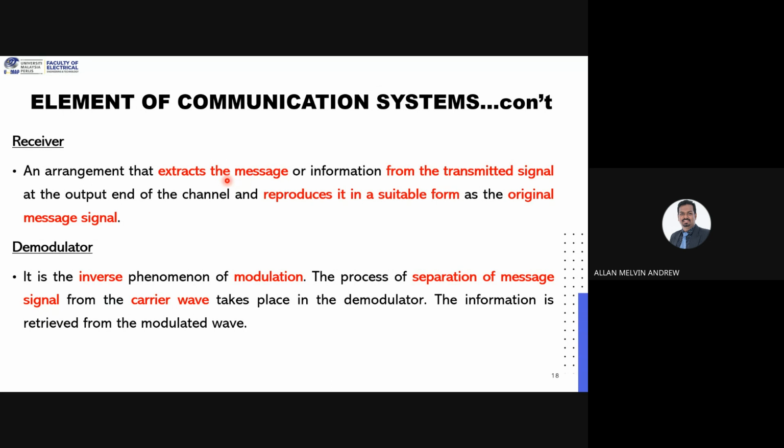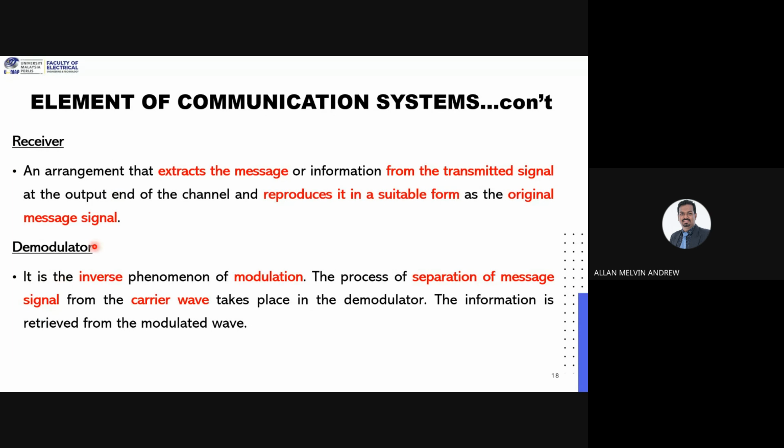So the receiver will receive, then it will open the packaging and reproduce it in a suitable form as the original message signal. Okay, provided no loss in between. So if there's a loss, then maybe the original message signal is only maybe 80% correct or 70% correct. So that's why we need to eliminate losses in between. We must try to minimize.